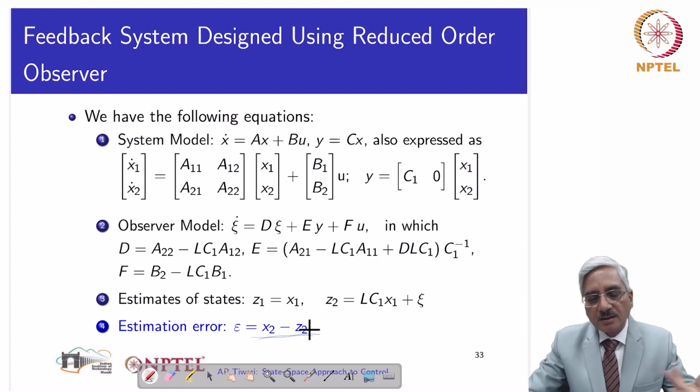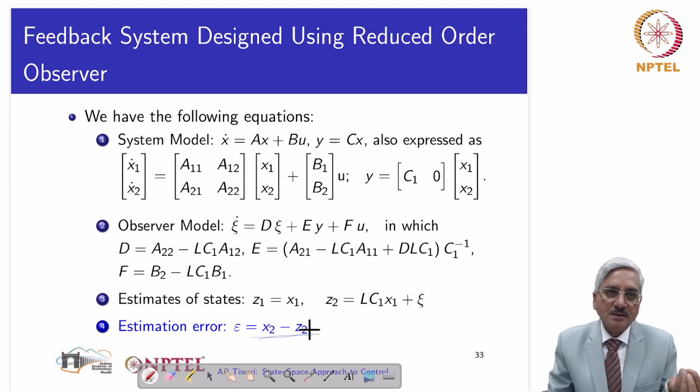Now we have to again establish the properties of the overall system consisting of the system with state feedback, in which the state we want to substitute by the estimated state through the observer.